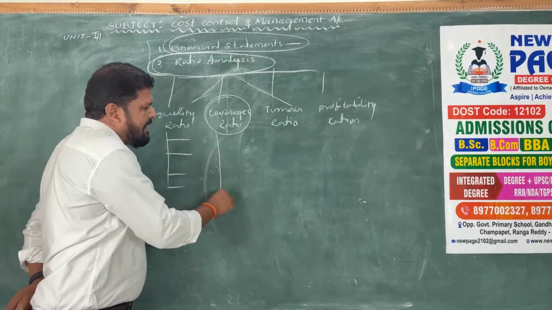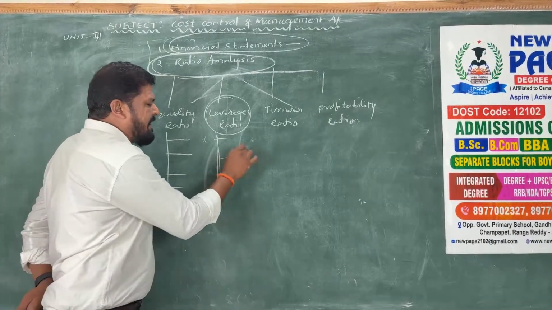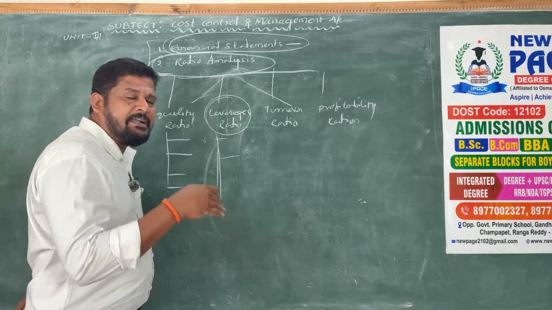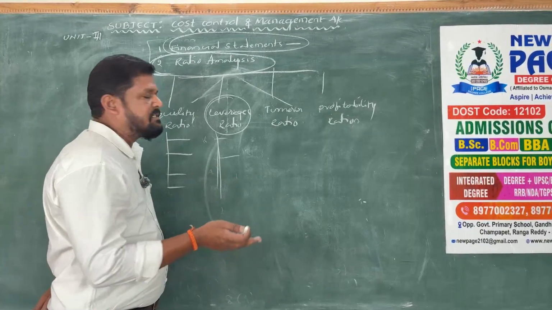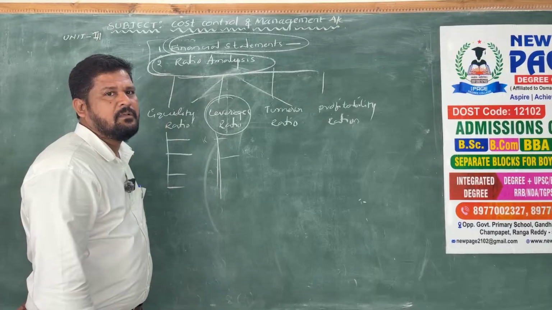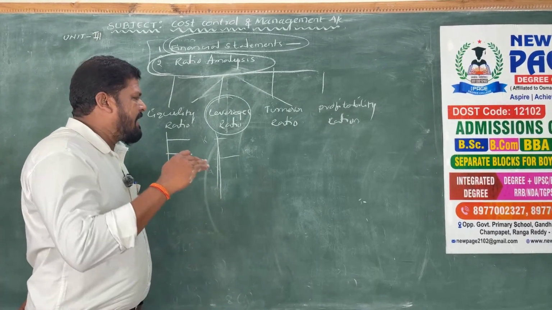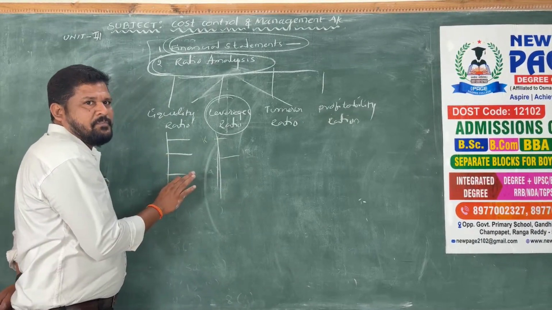So this is subdivided into different types. First one is debt equity ratio, proprietary ratio, interest coverage ratio, dividend coverage ratio, fixed assets ratio, and capital gearing ratio. Right? So you can write and explain about these different ratios.